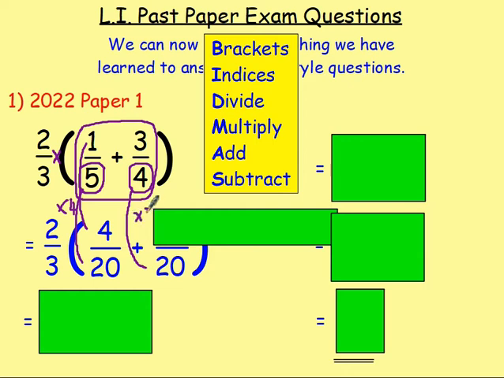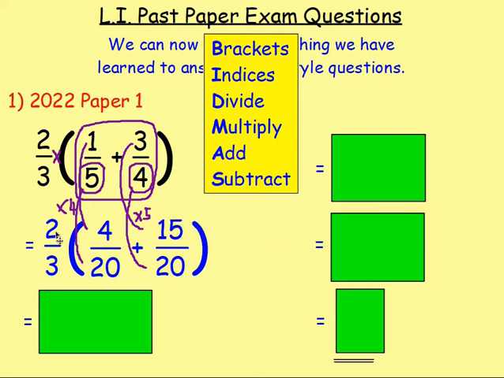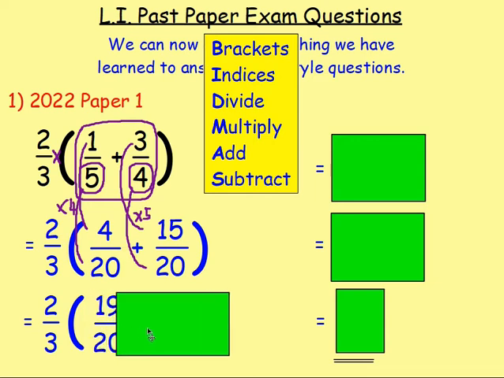We multiplied by 5, good, which means we would multiply the 3 by the 5 as well to get an equivalent fraction. So 3 times 5 is 15. So we've now got the 2/3 bracket, 4 20ths plus 15 20ths. Because the denominator inside the brackets is the same, you can do the 4 add the 15. And 4 add 15 is 19. So we've got the 2/3 bracket and then 19 20ths.